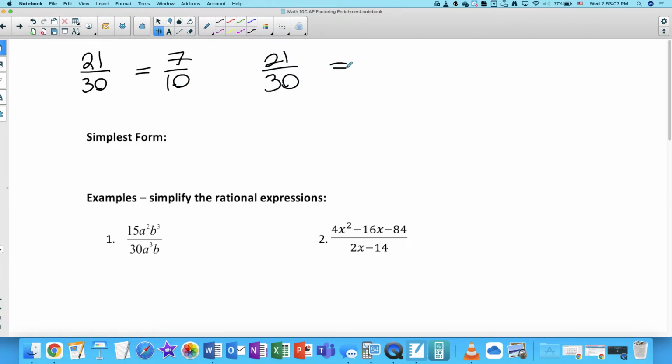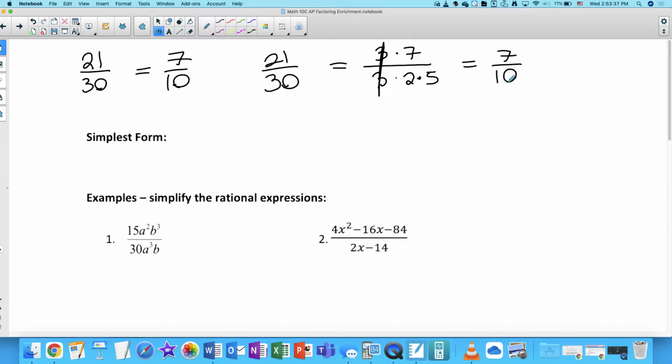Well, 21 is 3 times 7. And 30 is 3 times 10, and 10 is 2 times 5. So it's 3 times 2 times 5. OK? And then the common factor of 3 cancels because 3 over 3 is 1. And you end up with 7 over 2 times 5, which is 7 over 10. So your brain just does that right now because you've been doing it for so long.